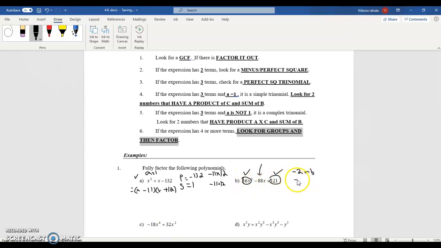So it would be minus 2 times 4. And then b is the square root of the last term here, 11. And that would end up being minus 2 times 4 is minus 8, times 11 is minus 88. So all the conditions are satisfied. This is a perfect square trinomial. So what I can do is I can create my bracket.